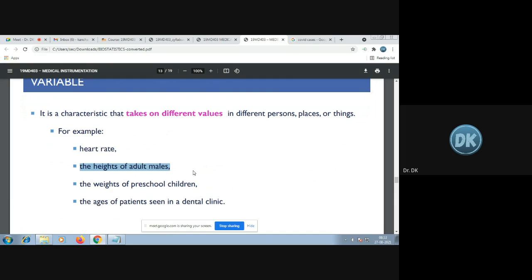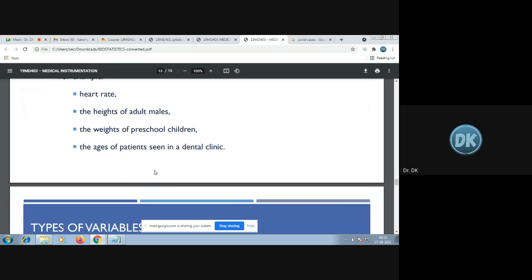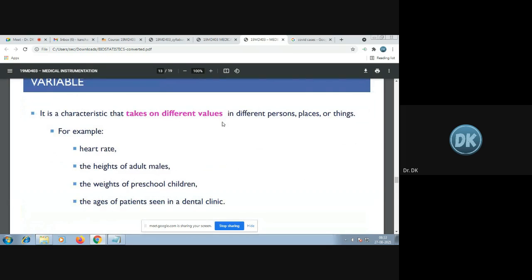If you take a male population in Chennai city and measure the height, then obviously there will be height changes. If you measure the height of persons in India and persons in China, then the height will be different, right? So height is a variable and weight is also a variable and age is also a variable. So all these things are variables. So a variable is something which is taking on different values.